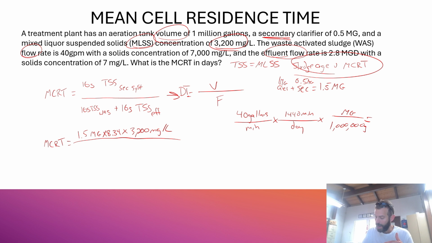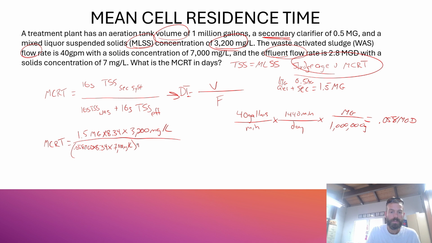If you plug that in your calculator, it should be 40 times 1440 divided by 1 million gives me 0.0576. So I would actually round that probably to 0.058 mgd. Okay? So coming down here, 0.058 mgd times 8.34, times 7,000 milligrams per liter in the WAS.